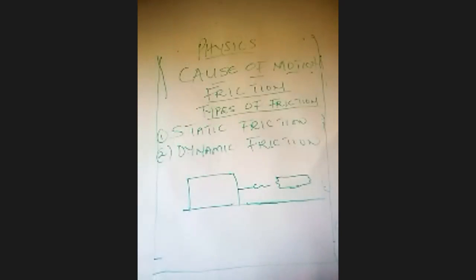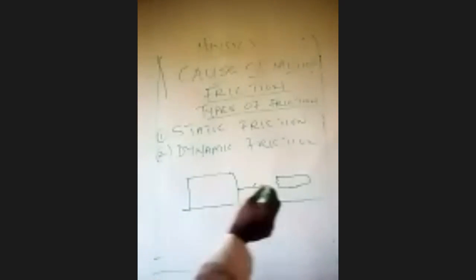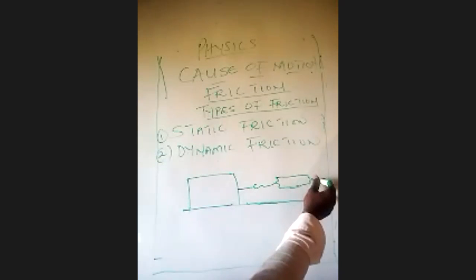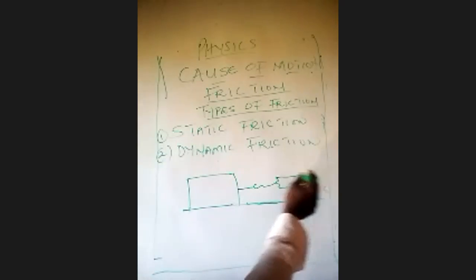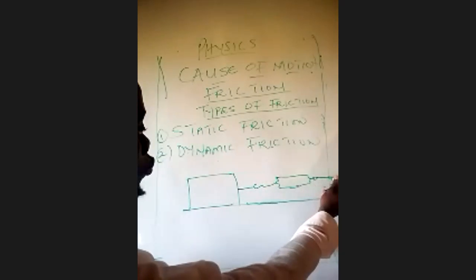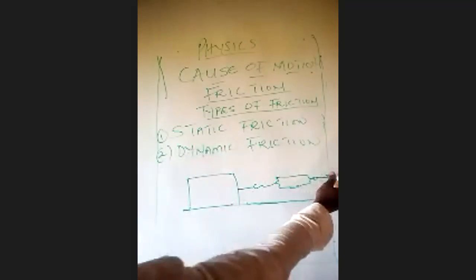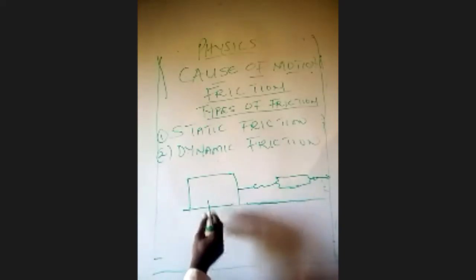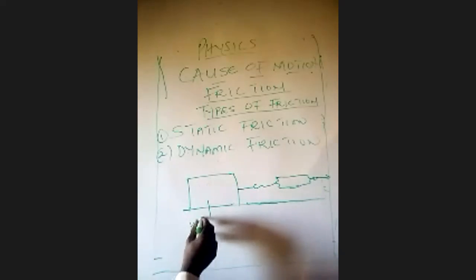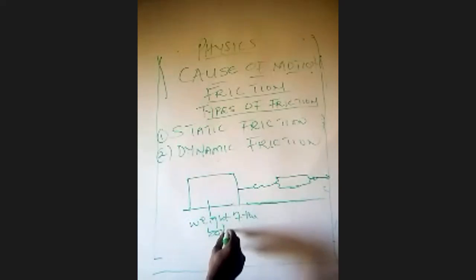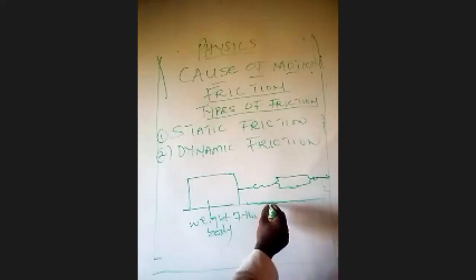Trying to draw a spring balance. Now, here this is the weight of the body. This is our smooth board.